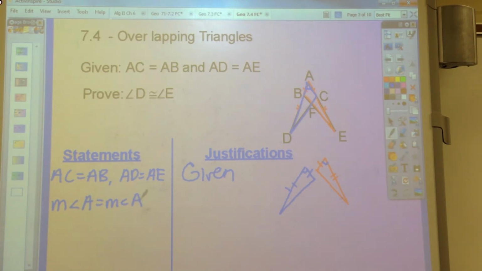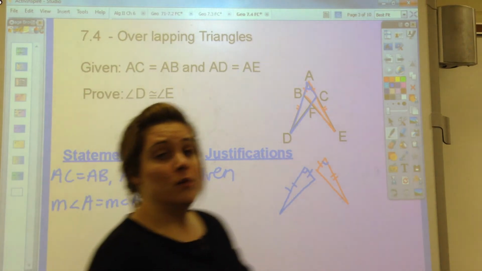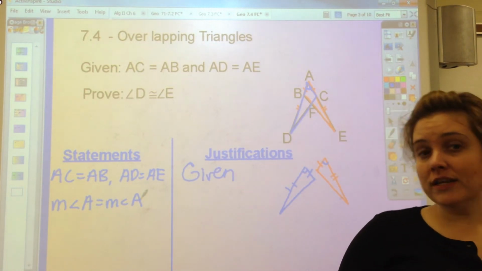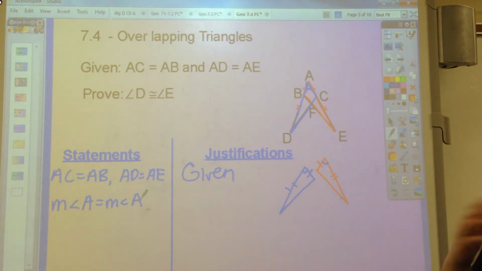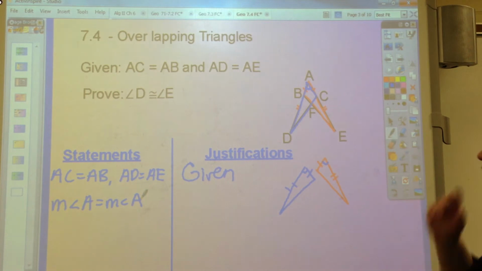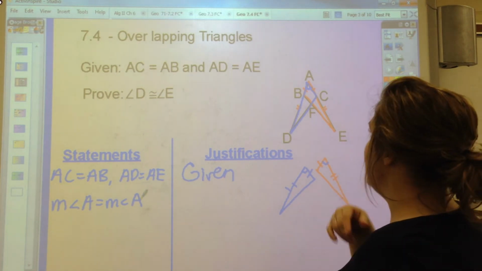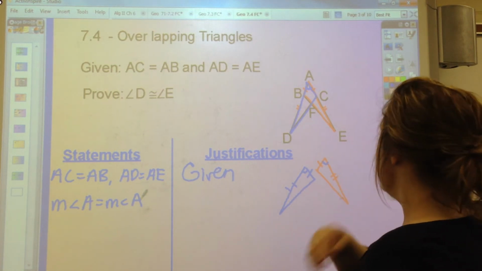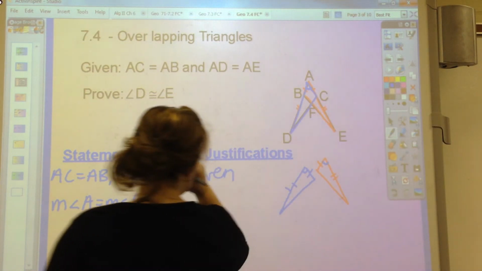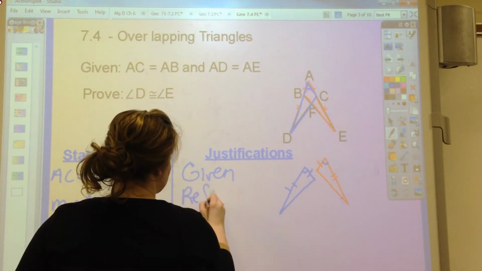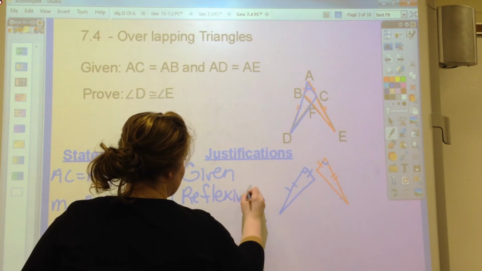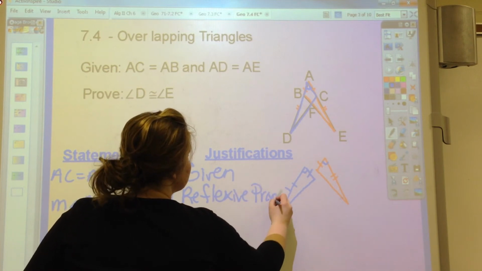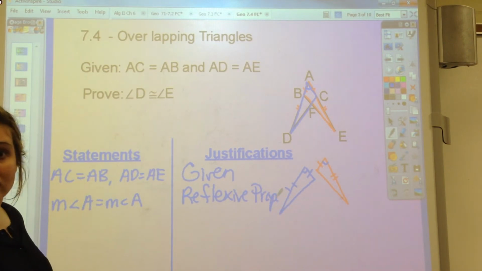Or I could have said angle A is congruent to angle A because of the angle congruence postulate or the angle congruence theorem. I know that both of those imply each other. So if I'm saying the measure of angle A equals the measure of angle A because of the reflexive property, now I can go ahead and say my two triangles are congruent.